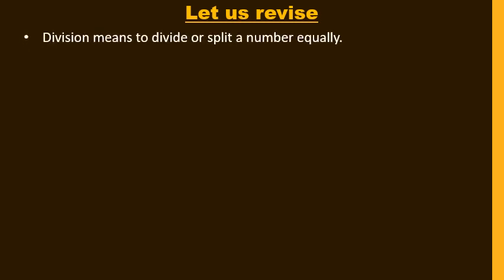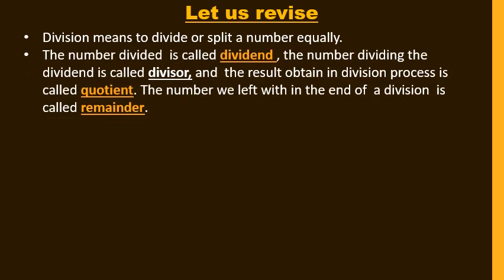Now girls, let us revise the important points of today's lesson. Division means to divide or split a number equally. The number divided is called dividend. The number dividing the dividend is called divisor, and the result obtained in division process is called quotient.